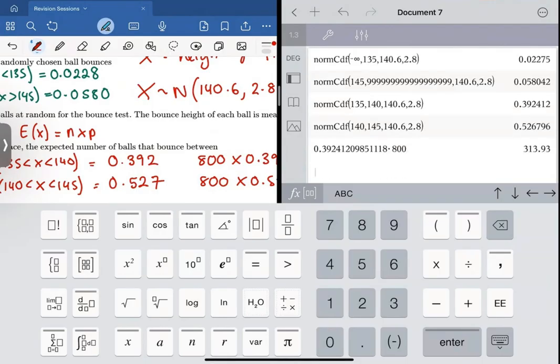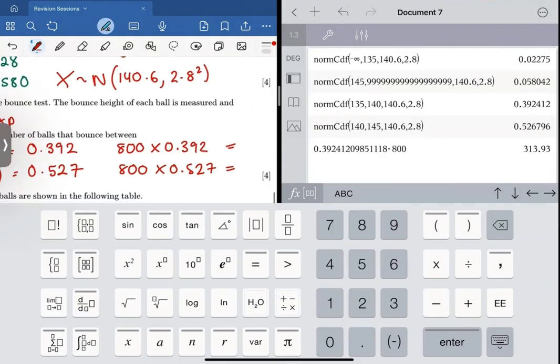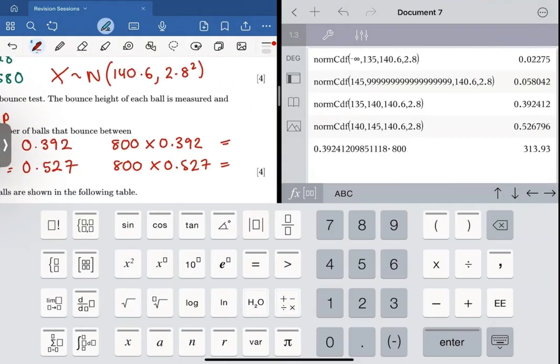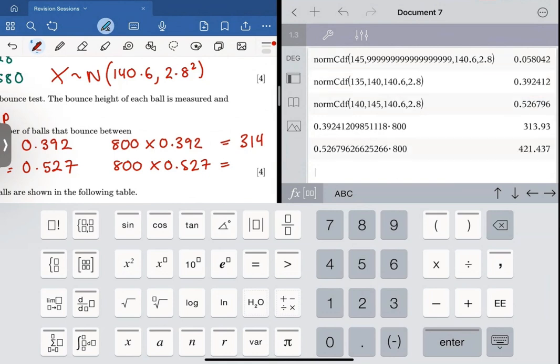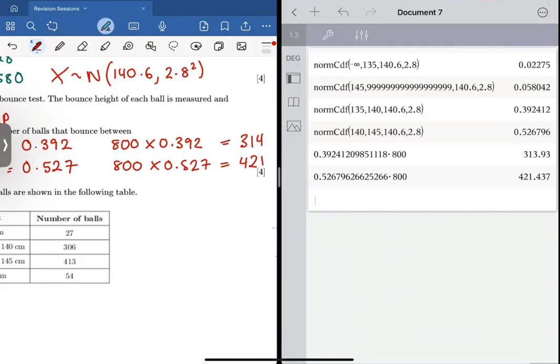So I would expect 314 between 135 and 140. I'm going to round that, 314. And then if I take my second probability and multiply that one by 800 as well, that's going to give me how many I would expect between those values. So 421.